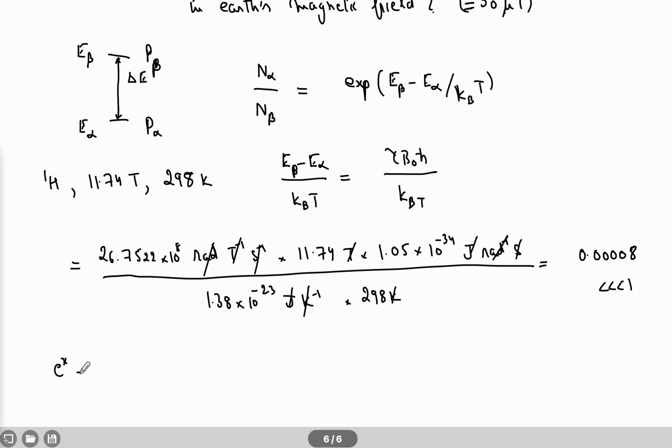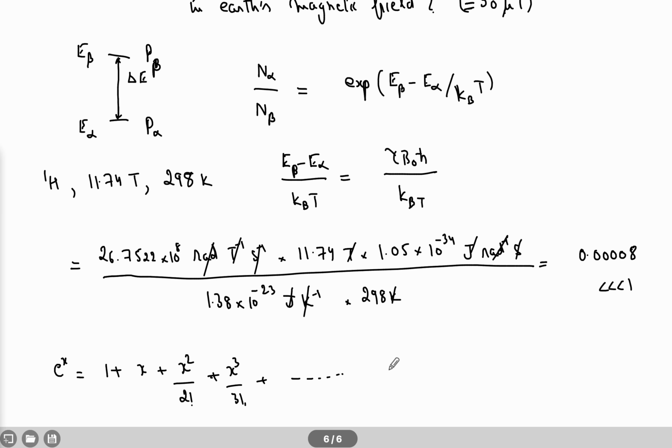Let me remind you that e to the x can also be expanded in terms of a Taylor expansion. So this can be written as 1 plus x plus x square divided by 2 factorial plus x cube divided by 3 factorial, all the way to infinity, right?